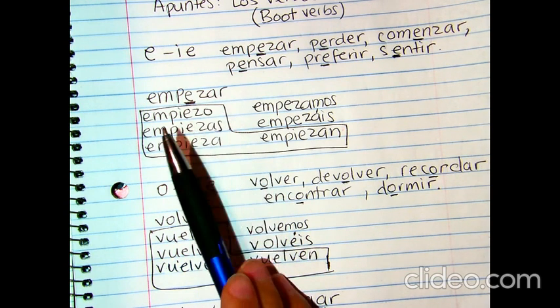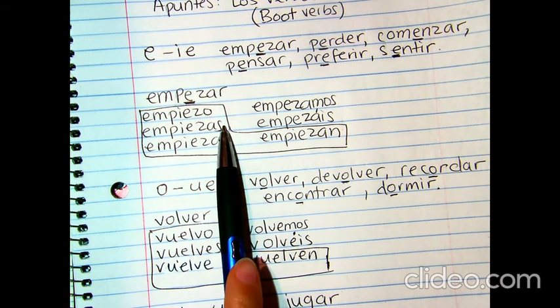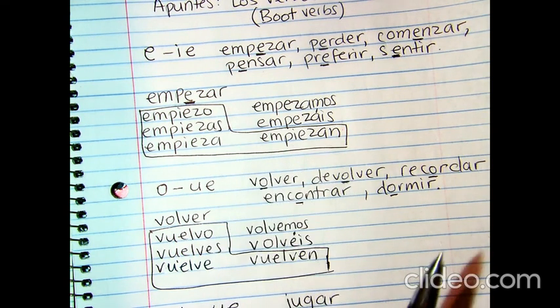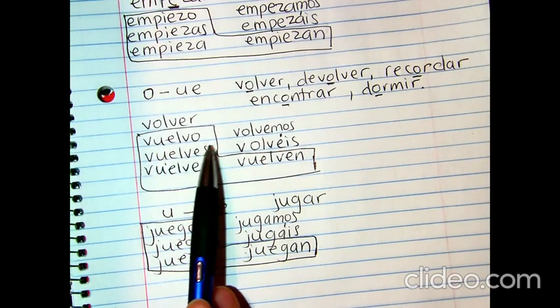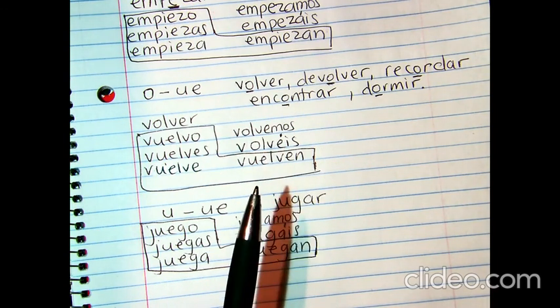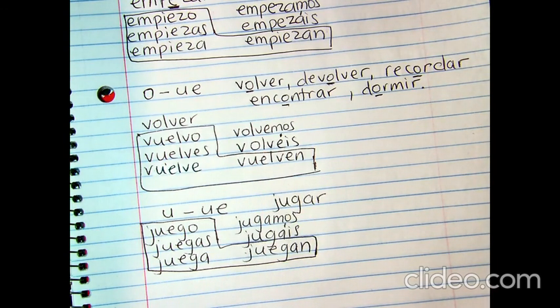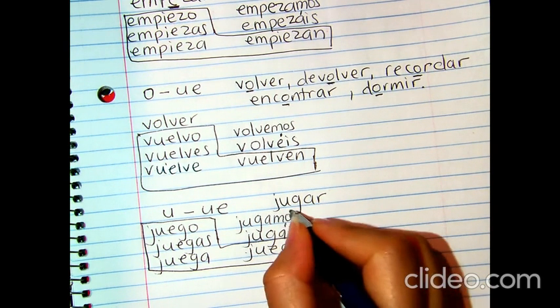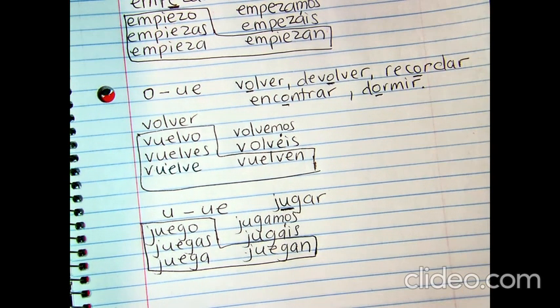So if the verb ends in AR, that's what you change it to. If the verb ends in ER, that's what you change the ending to. So you change the endings to the regular present tense endings, okay? And for this one, there's only one U, so that's what you change, right? All right, that's what you do.